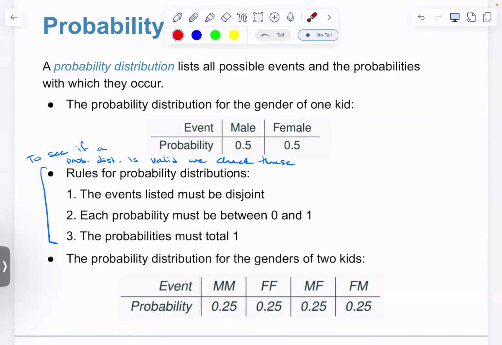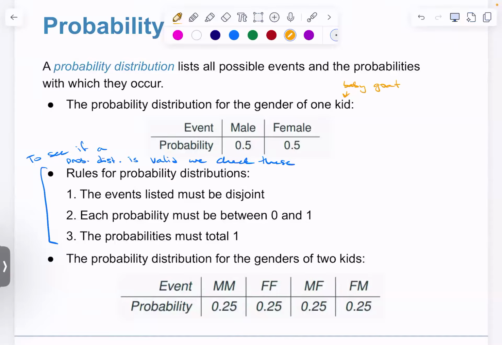So if we have this example, and I always think it's kind of funny to use the word kid, but anyways, the probability distribution for the gender of one kid, which then, a kid is also the name of a baby goat, which makes the example even cuter. So you can think of a baby goat.